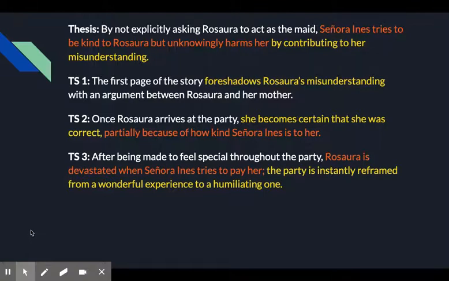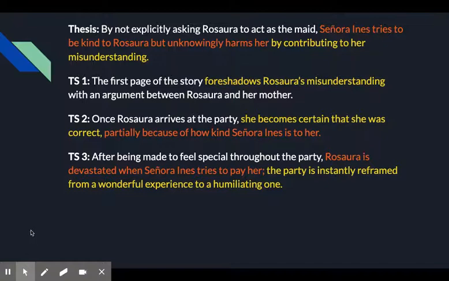So now I've gotten to that other thing that Senor Ines does, right? The unknowing harm. And I've also finalized my discussion of Rosara's misunderstanding by showing that when she figures out she's misunderstood, the entire party is reframed from being wonderful to being terrible. So now I've proven my whole thesis, right?